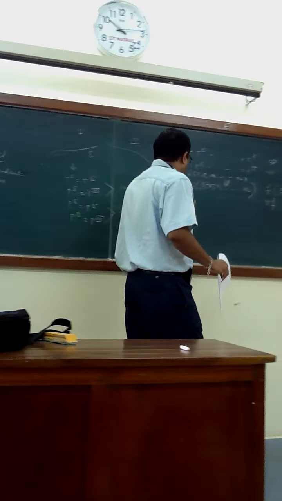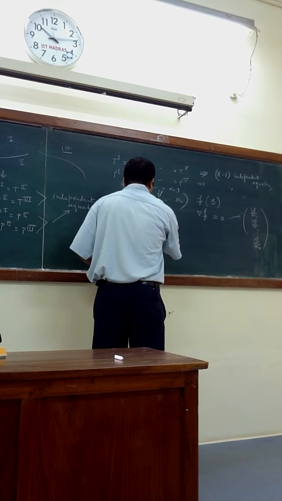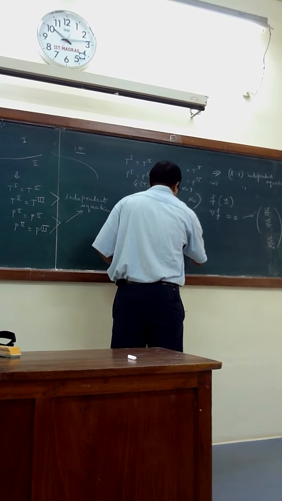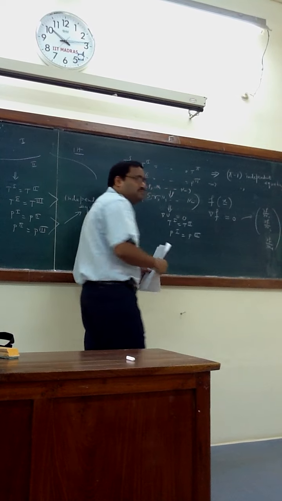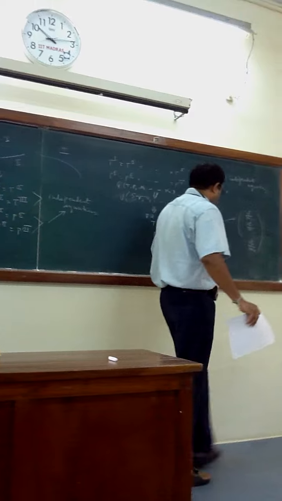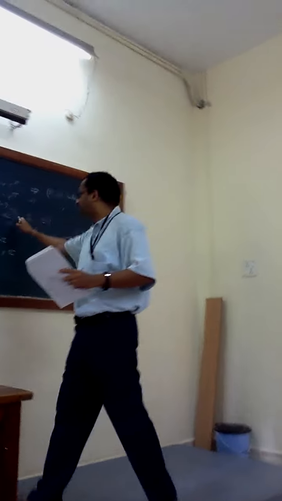What will it give? If you do grad f, that means grad U equals 0, we will get T1 equals T2, then P1 equals P2. That is already done for the pure substance. And for each single phase it is a function of T, P and N1 to NC.